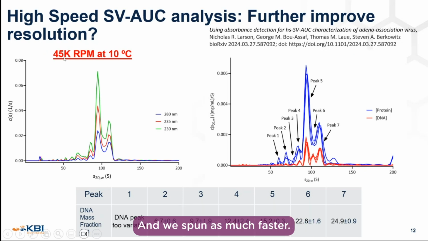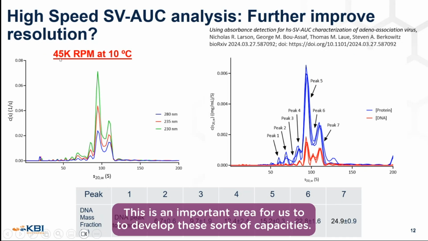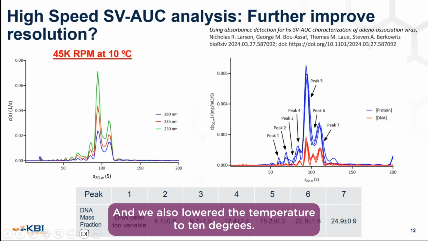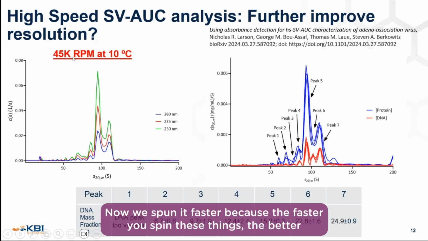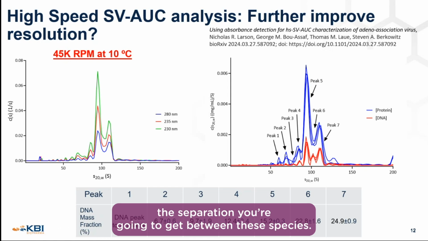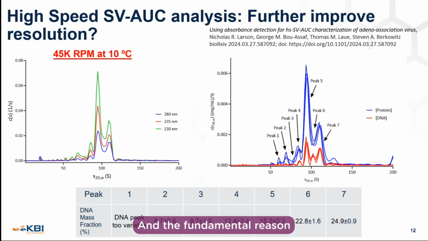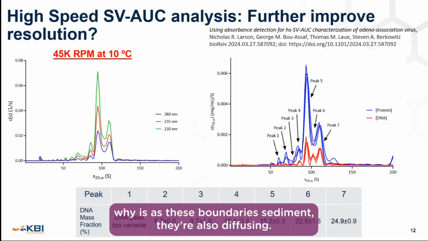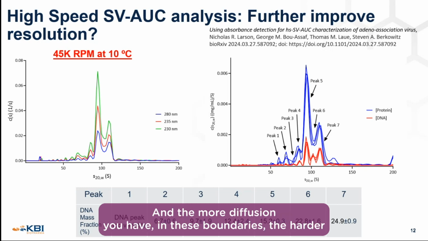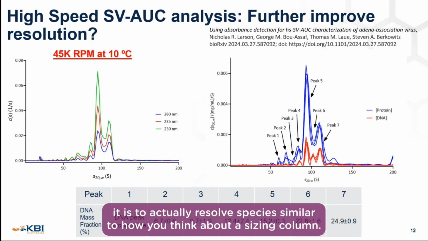We spun this much faster, so rather than 16K, we spun it at 45K, and we also lowered the temperature to 10 degrees. We spun it faster because the faster you spin these things, the better the separation you get between species. The fundamental reason is that as these boundaries sediment, they're also diffusing, and the more diffusion you have in these boundaries, the harder it is to resolve species.